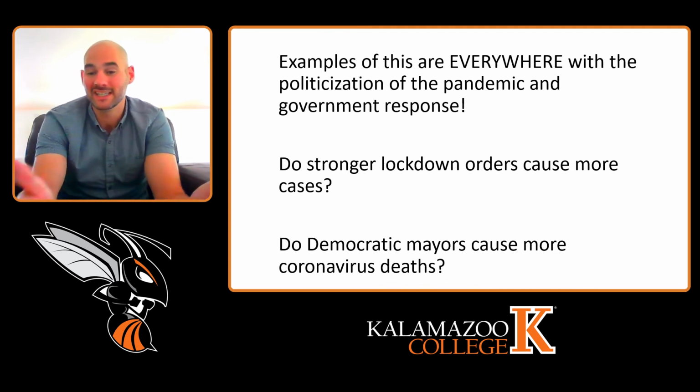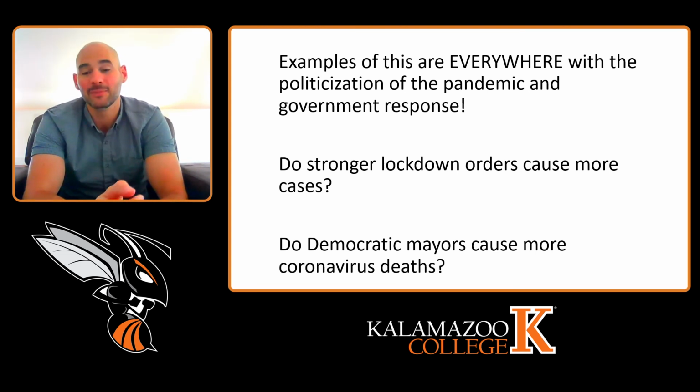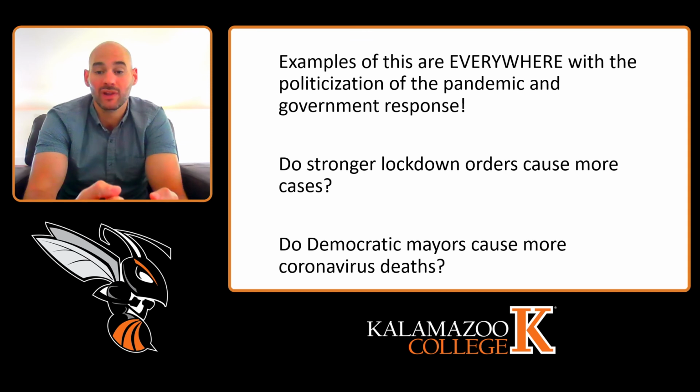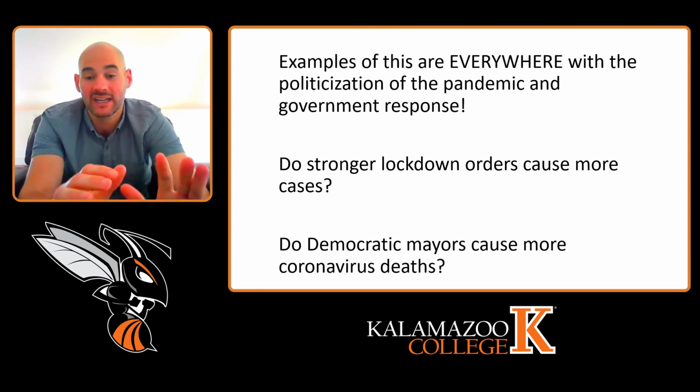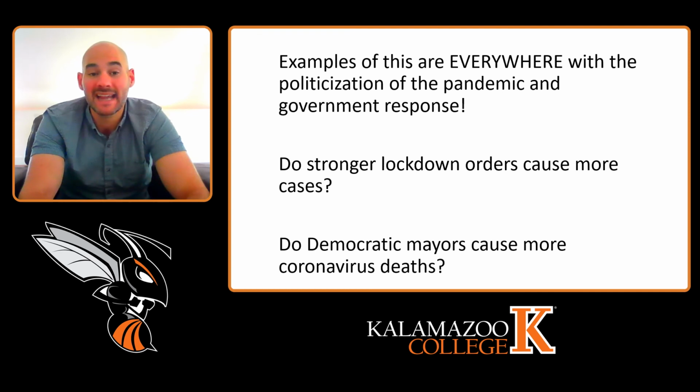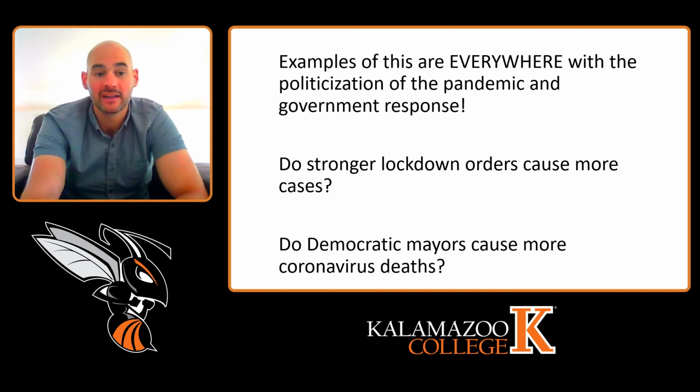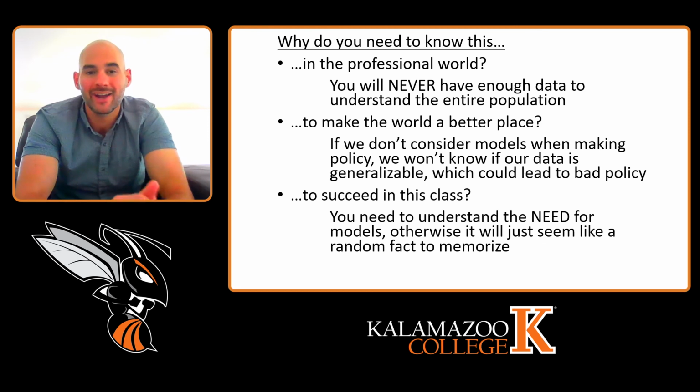And these are words that you really won't need to know for the rest of this class, but they're the labels and examples for what problems we run into when we make causal claims, when we act as if we know something about the world based only on data and not on any model or theory. So we can't rely only on models and theory because they may not be complex enough, or they may simply be wrong.